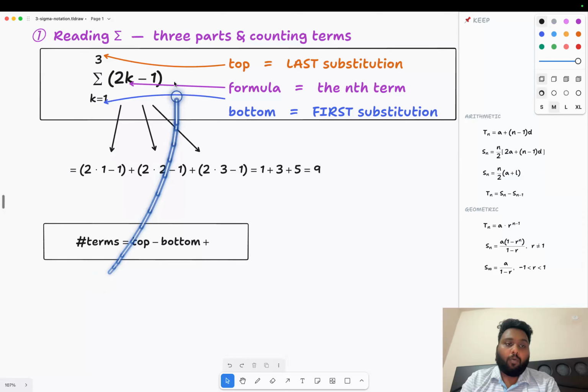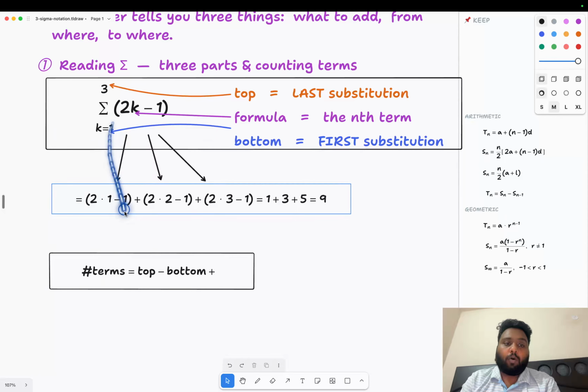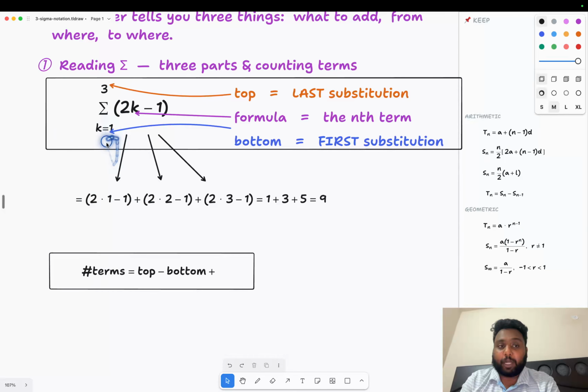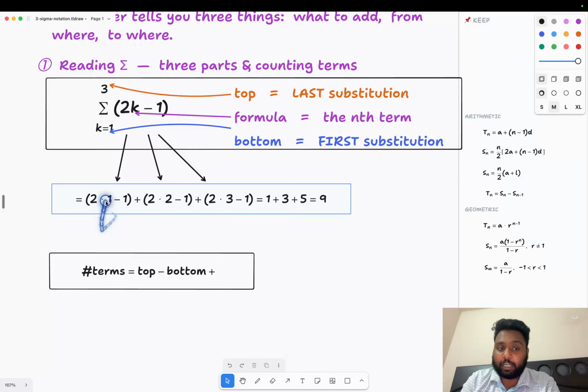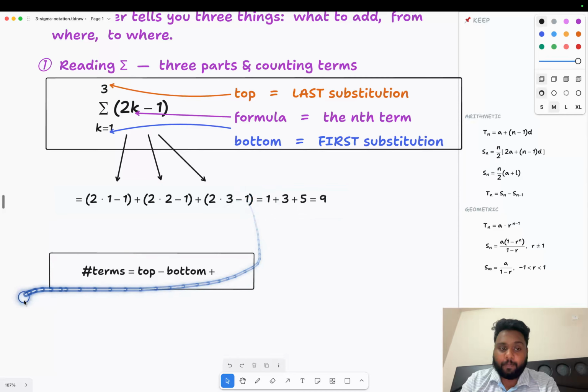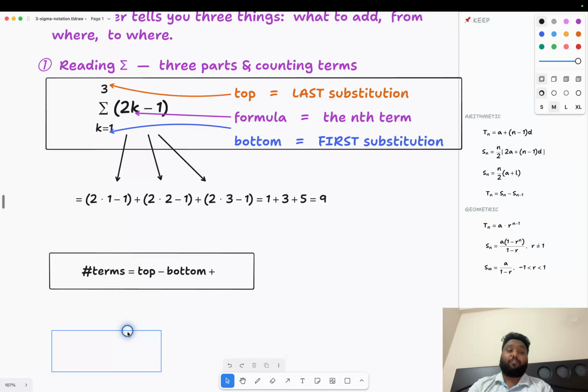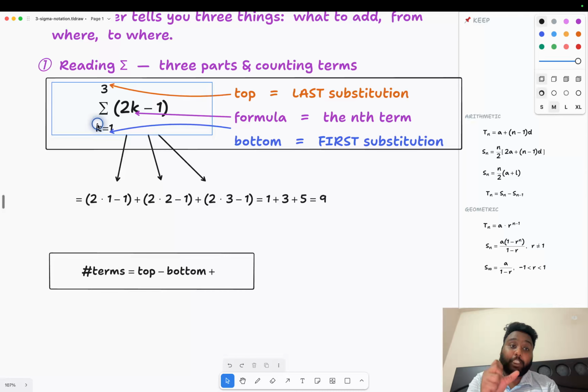Now using this, how many terms were there when we substituted the values 1, 2 and 3? There were three terms, right? If we want to find out the number of terms that a given summation notation is asking us to calculate, we take the last substitution and subtract the first substitution, the bottom substitution, from it, and then we add 1, because we have subtracted the first term from it.